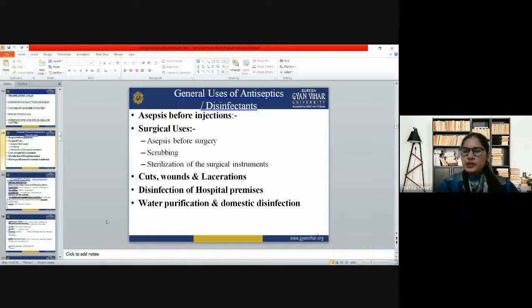Then in surgical uses, it prevents sepsis before surgery, and for scrubbing and sterilization of surgical instruments. So they are widely used in medical areas and in hospitals, in your OTs, operation theaters. Then it is also used on cuts, wounds, and lacerations to sanitize them from microorganisms. Then it is also used in the disinfection of hospital premises. Then for water purification and domestic disinfectants.